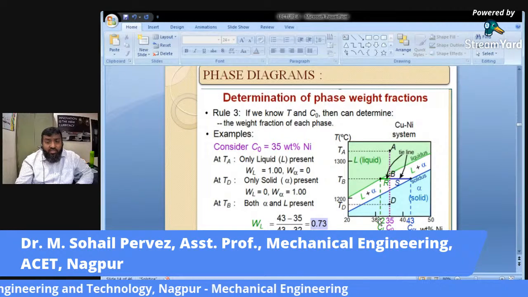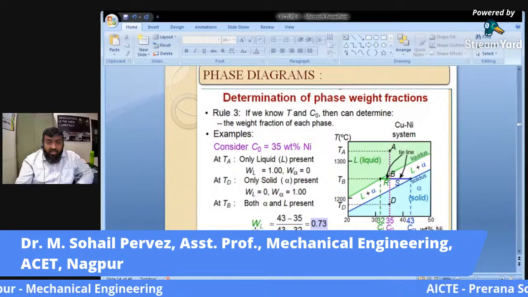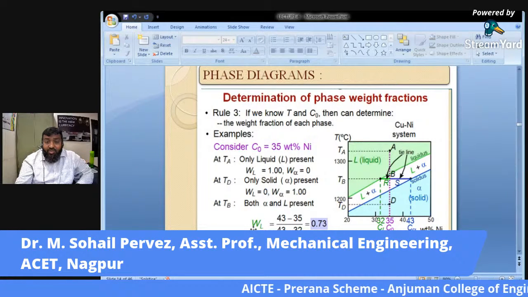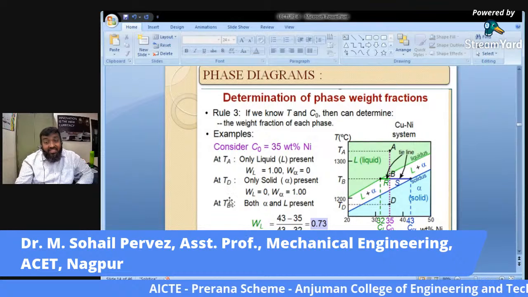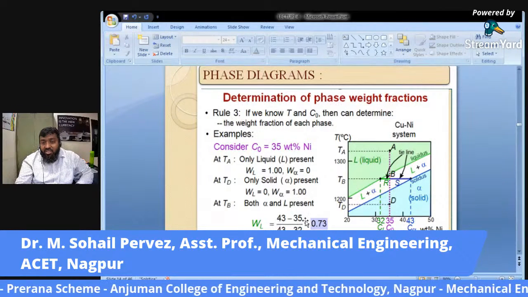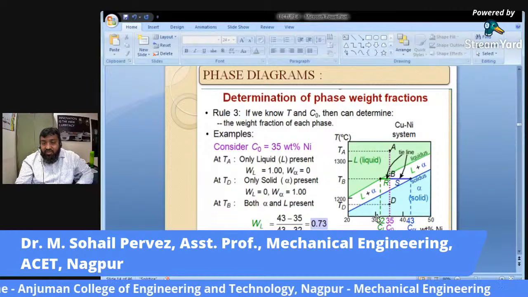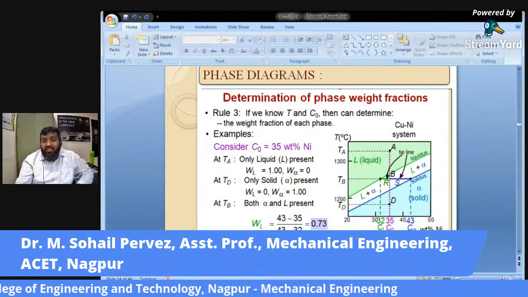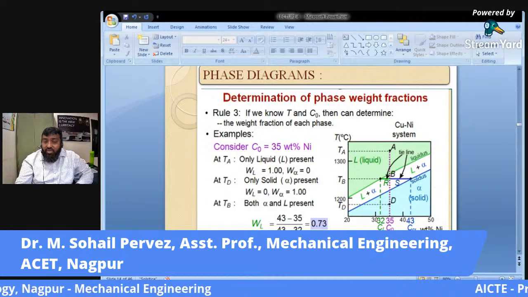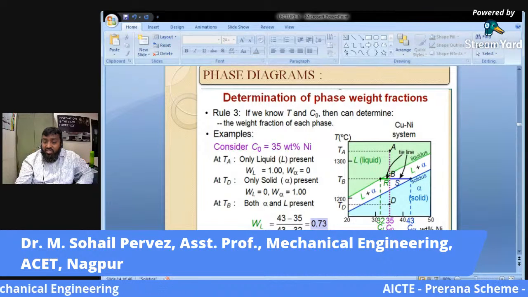So how to calculate then? We are calculating this for WL. Please mind well, WL. So in this case, we'll have to take C alpha minus CO upon C alpha minus CL. If it is W alpha, then how would it change?